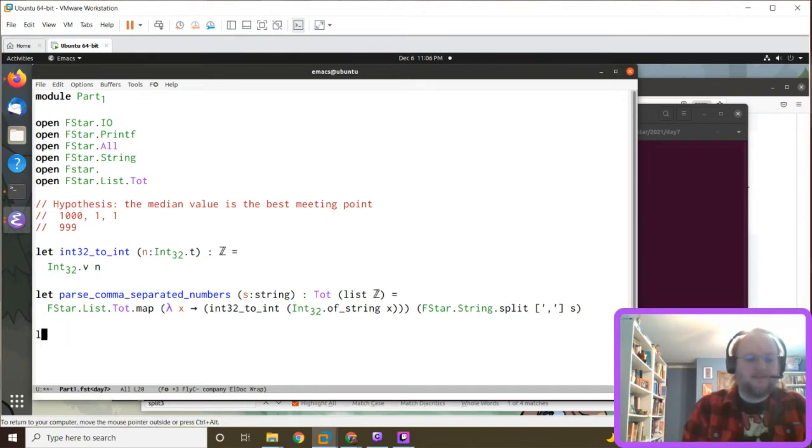All right, so given a list of integers, okay, and meeting point, that's going to be an integer.